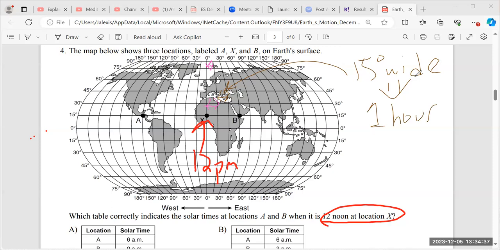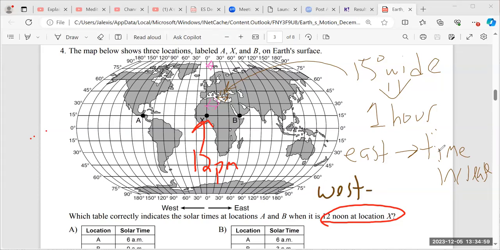Now, the next thing that we also have to remember is when you head to the east, hear that rhyme? If you head to the east, time increase. Have you ever heard that rhyme before? If you head to the east, time increase. And if you head to the west, time gets less.